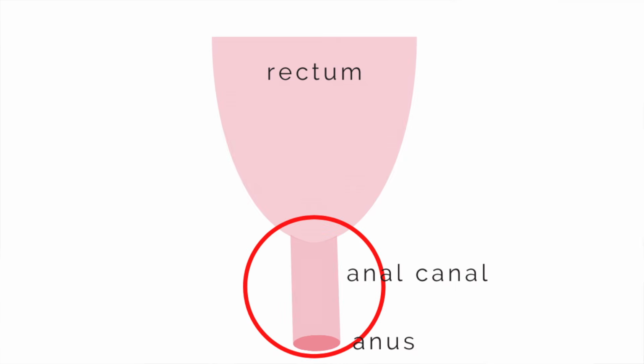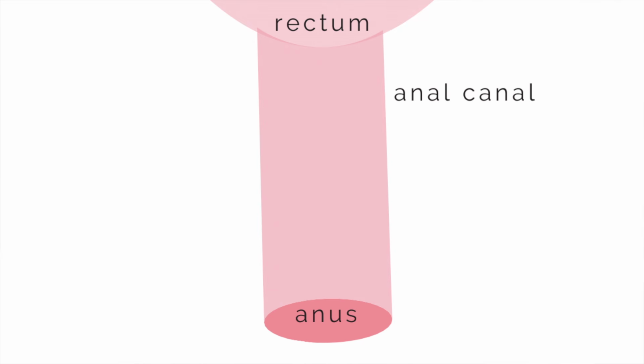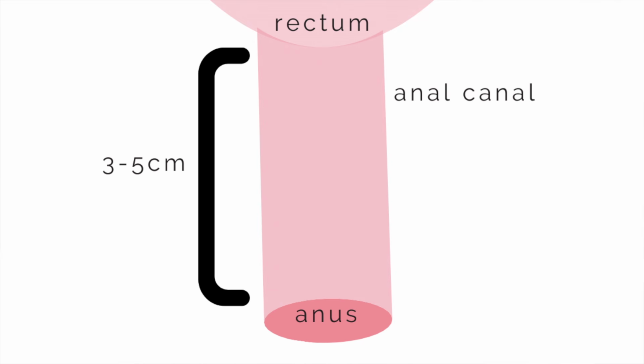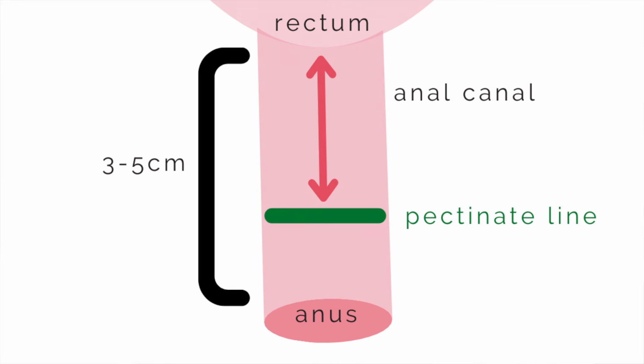When we zoom into the anal canal, which is about 3 to 5 centimeters long, we find the pectinate or dentate line. That line separates the upper two-thirds of the canal, which is made of digestive tract tissue that does not communicate pain to the brain, and the bottom third of the canal, which is made of mucosal tissue that does communicate pain to the brain.